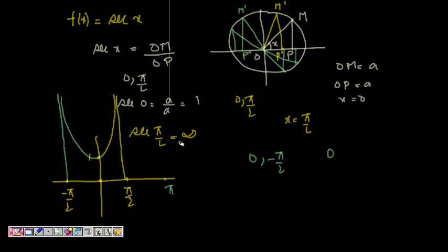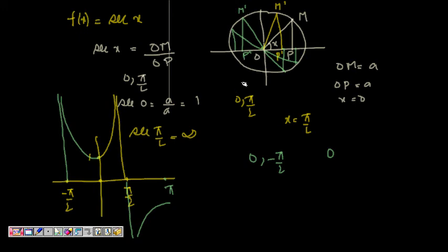Here OP was positive, but in this part it is becoming negative, and hence this will be something like this from pi by 2 to pi. So at pi it will be something like -1.